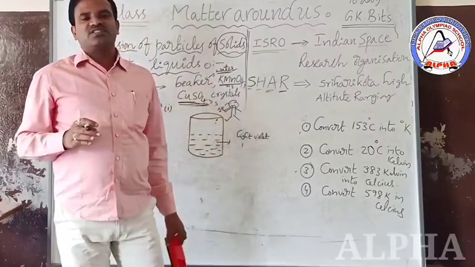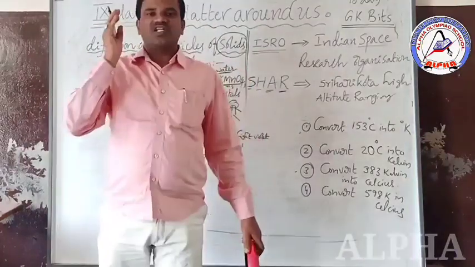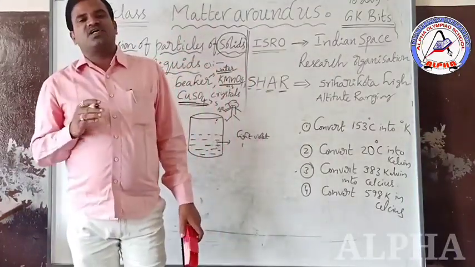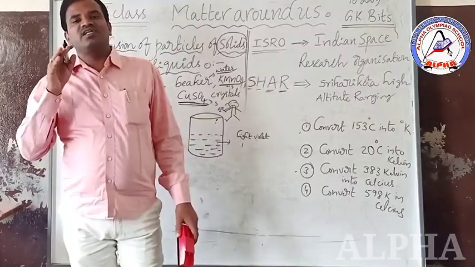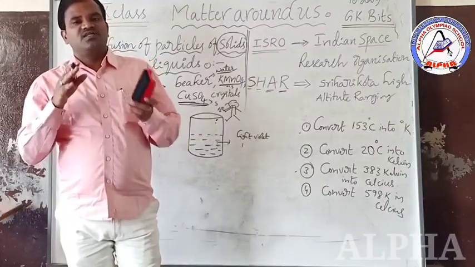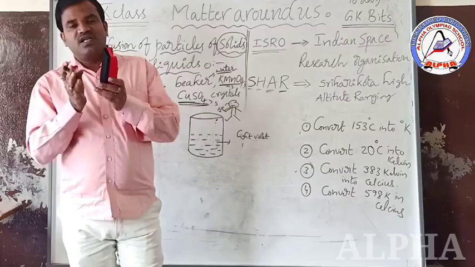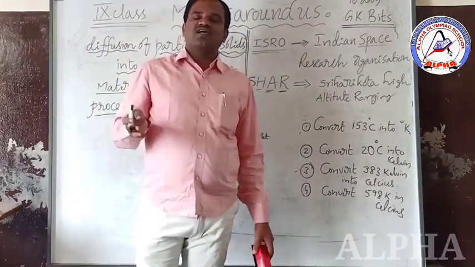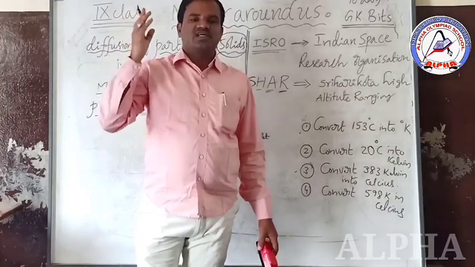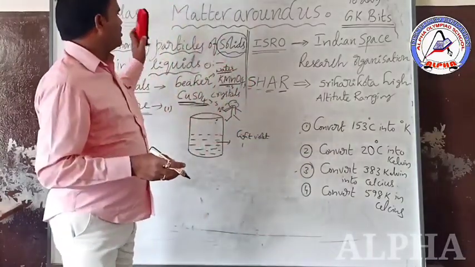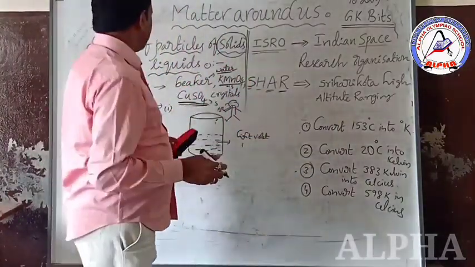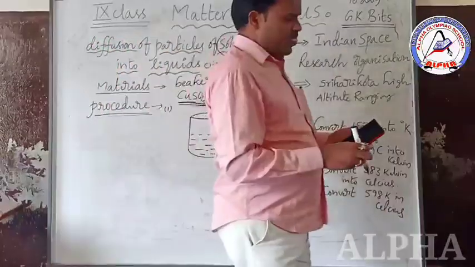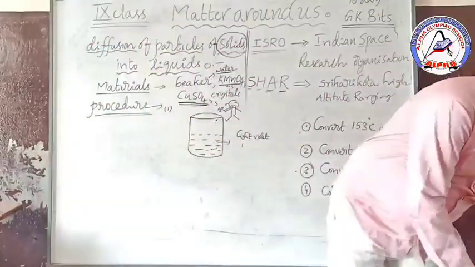So we conclude that the diffusion of solids into liquids is lesser than the diffusion of liquids into gases and gases into gases. So this is the activity. Next we will do one more activity.